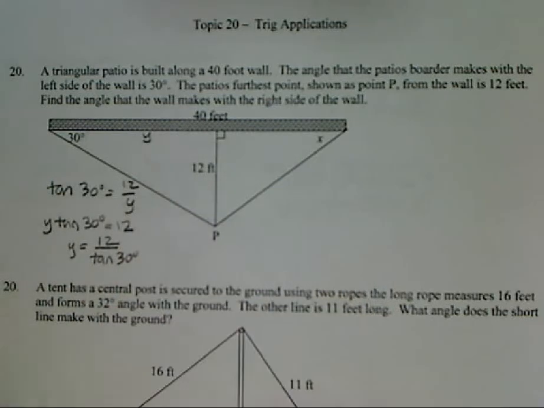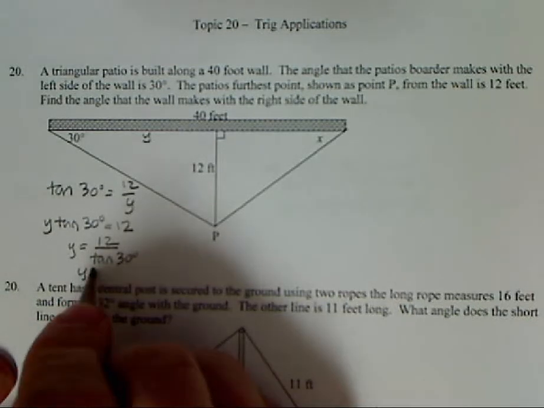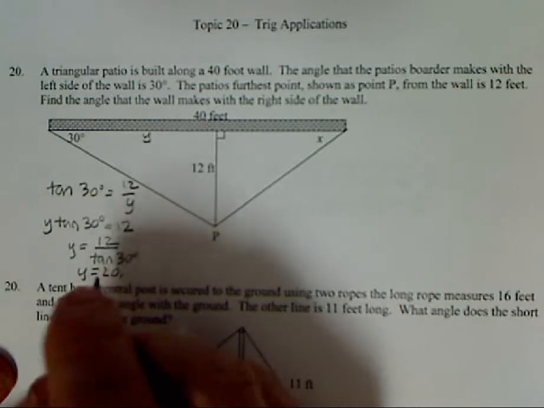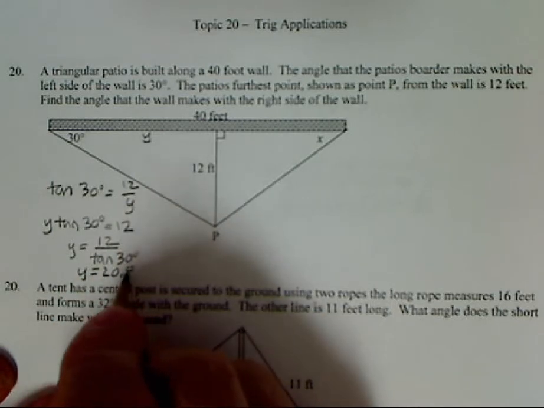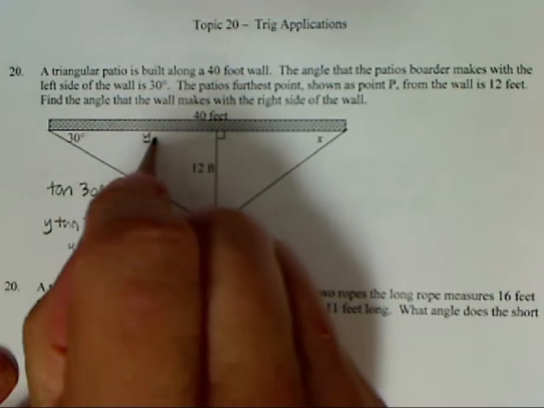You just have to calculate that out real quick. So if I do 12 divided by the tangent of 30, we get 20.78. So we could say 20.8 would be fine. So that means y is 20.8.